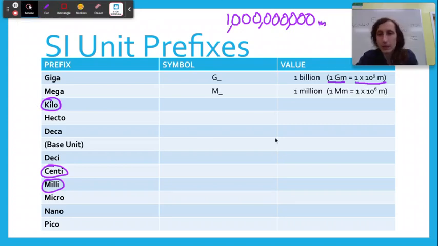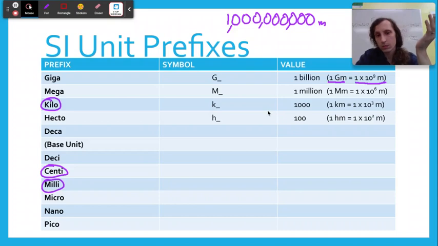All right, a mega is equal to a million, so it's 6 extra zeros after 1. 1 megameter is really big. Kilo is a lowercase k, not a capital like giga and mega, and it's 1,000 or 1 times 10 to the 3rd.